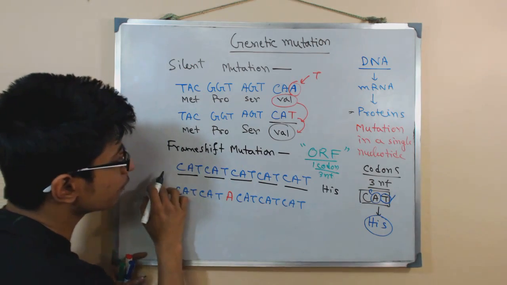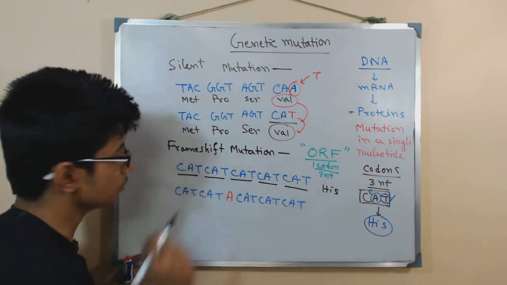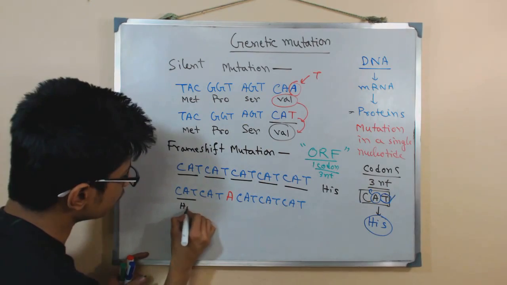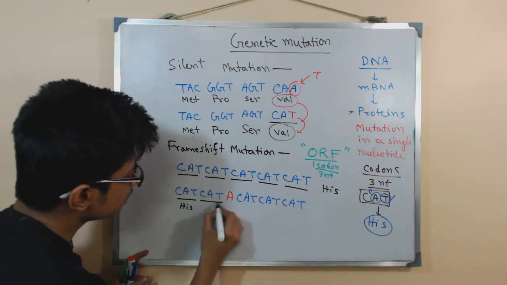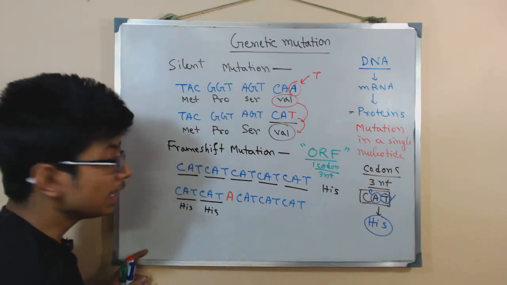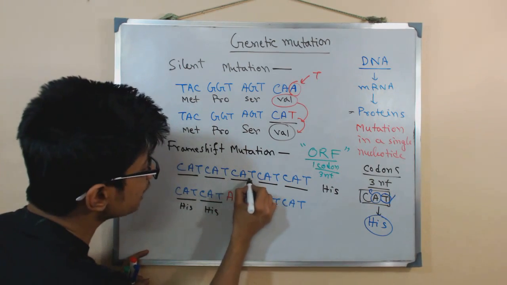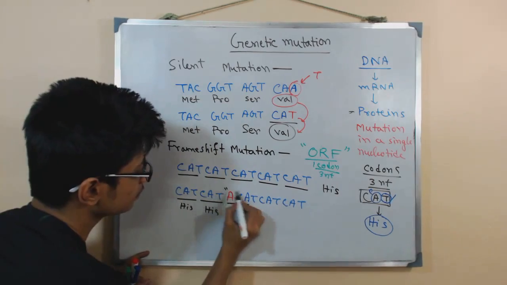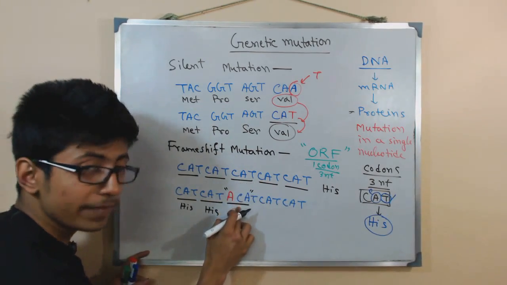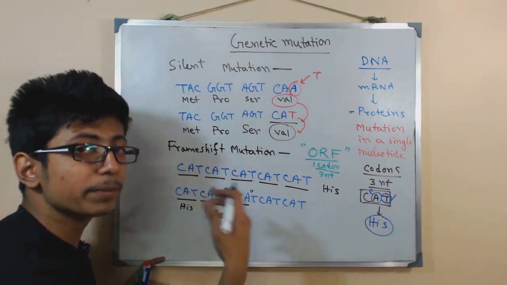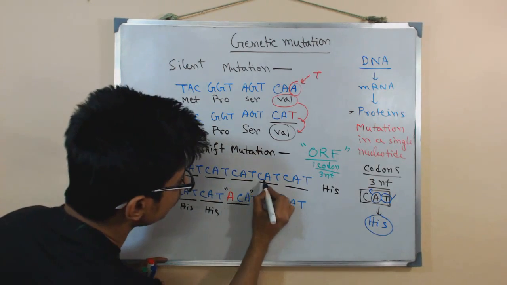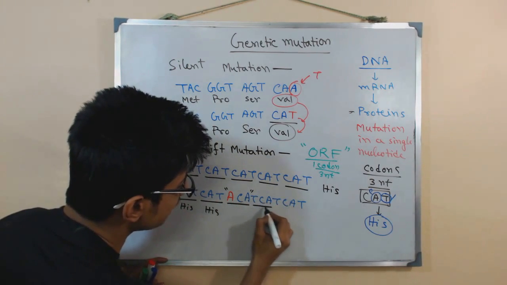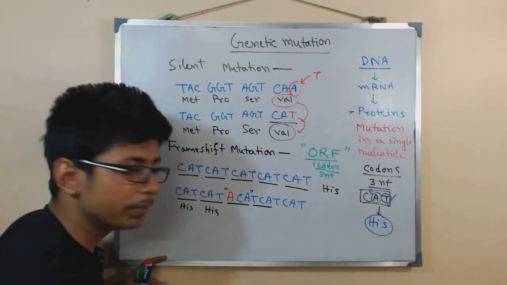Previously there was a stretch of five histidines that should be produced, but now this will stand for histidine. Again the next three stand for histidine. For the next three, instead of CAT it becomes ACA. So the reading frame changes. Instead of CAT it becomes TCA, again completely different.